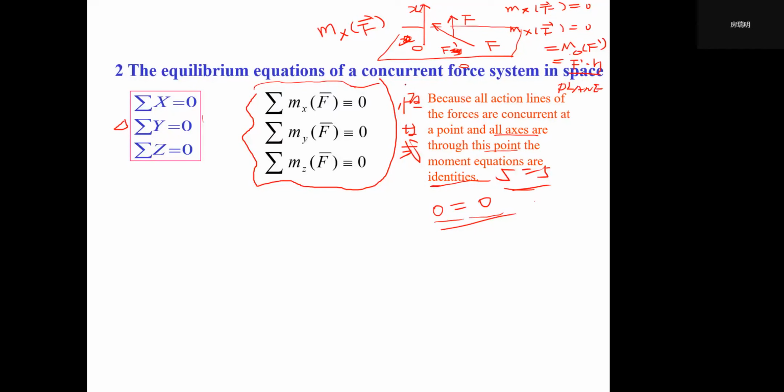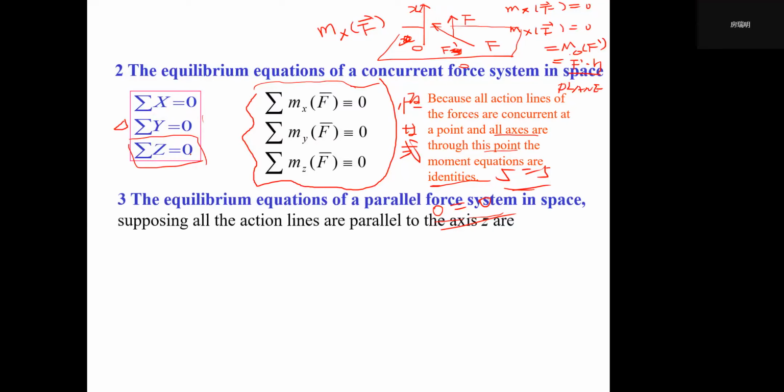If it is a concurrent force system in plane, then this one will be another identity, which is always true. So our equations are only 2, right? So actually this one will be used, we will use that, right? So let's continue. The equilibrium equations of a parallel force system.